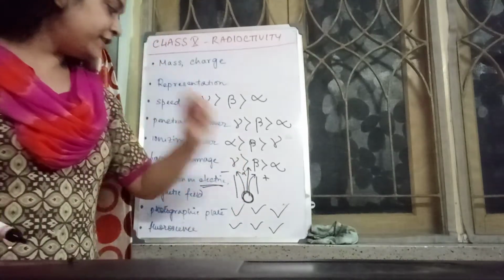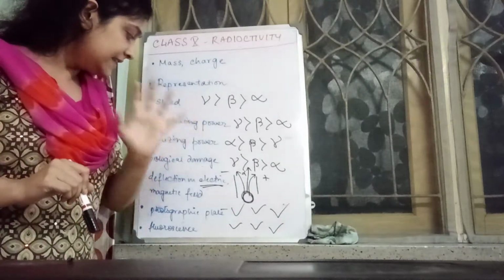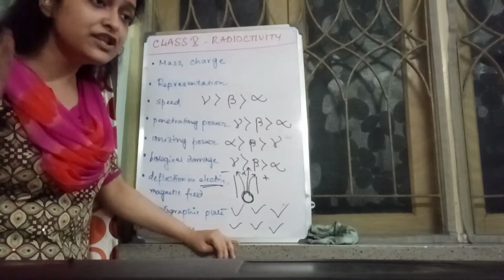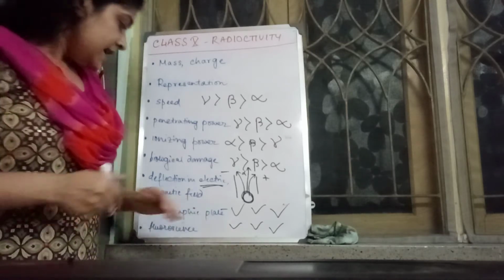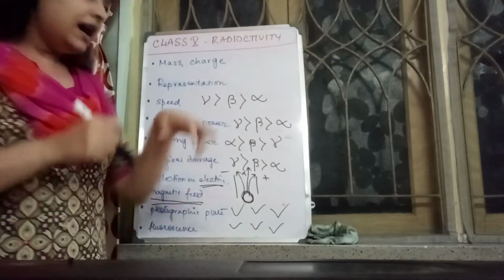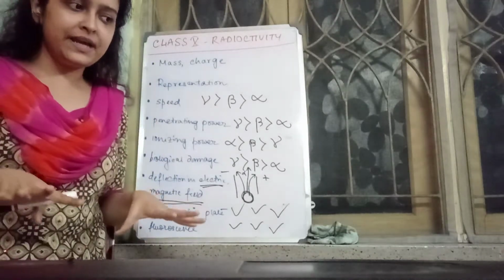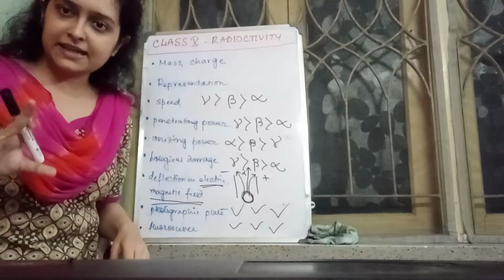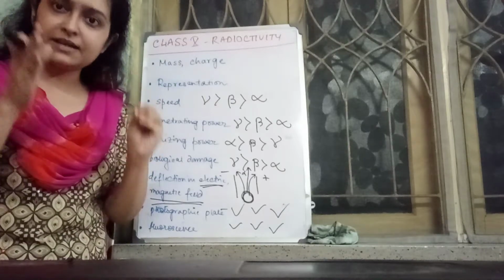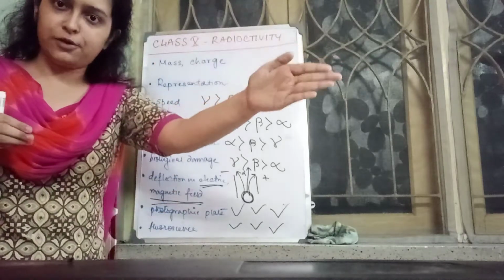So which radioactive emission can pass undeviated in electric field? Gamma. In magnetic field also, there is a part in your book which I want to explain after I do magnetism with you. But for the time being, just know that charged particles can be deflected in magnetic field, that means they will be deflected from their original path.